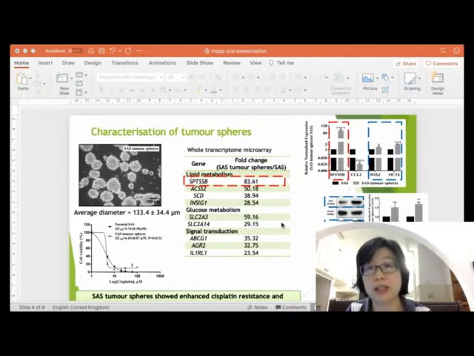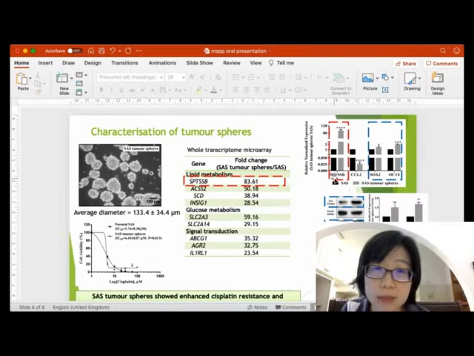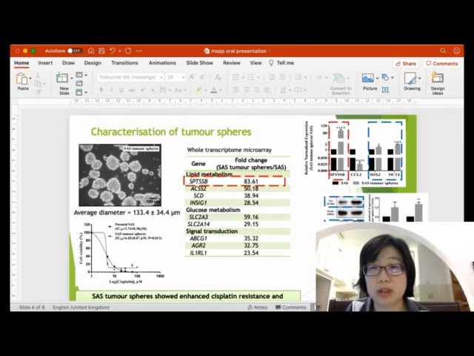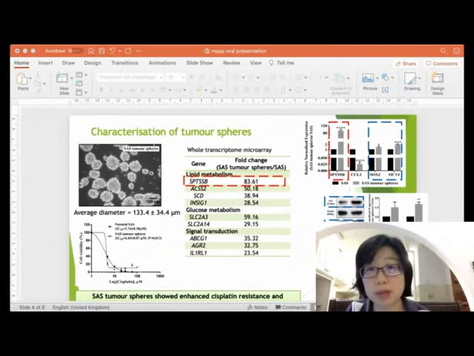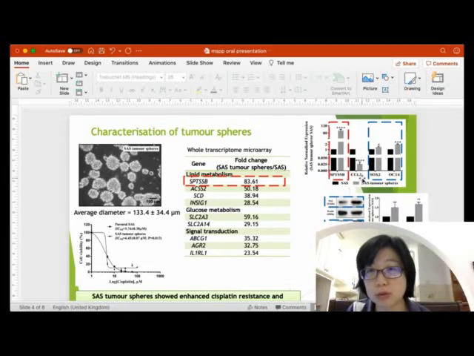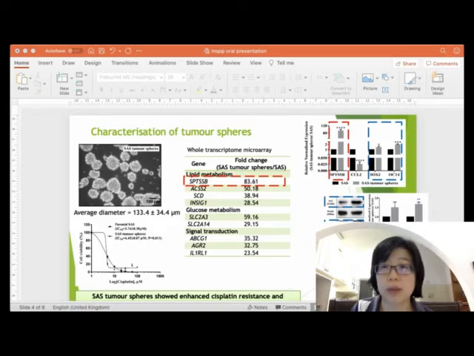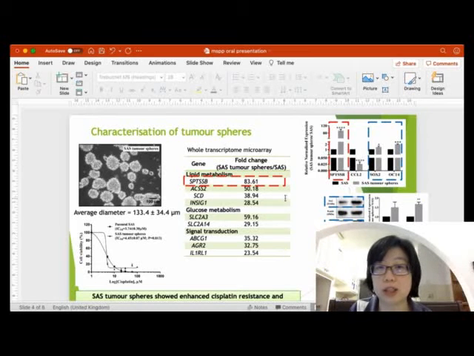This data was then validated by performing qPCR on the highest upregulated gene, which is SPTSSB, the full name being serine palmitoyltransferase small subunit B, and also on the most downregulated gene, CCL2, also known as CC motif chemokine ligand 2. You can see that the data tallies.